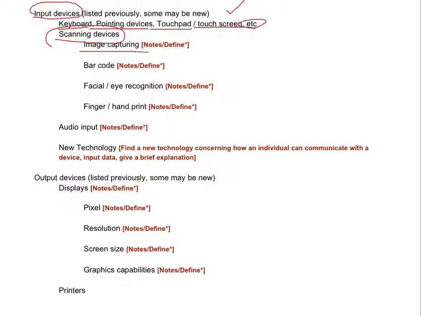We want to be able to distinguish scanning devices. If you're scanning an image, you're going to digitize the image. You're going to turn it into digital representation, so ones and zeros represent the image.